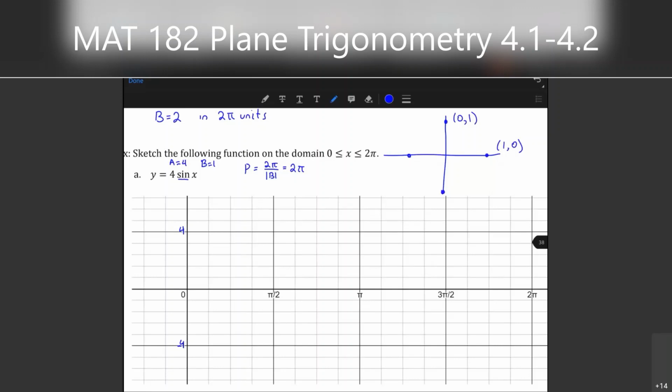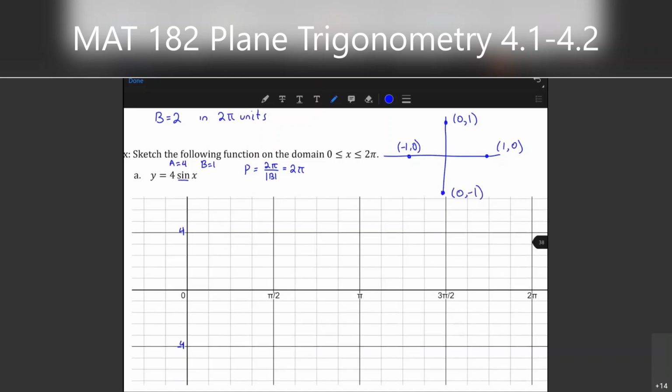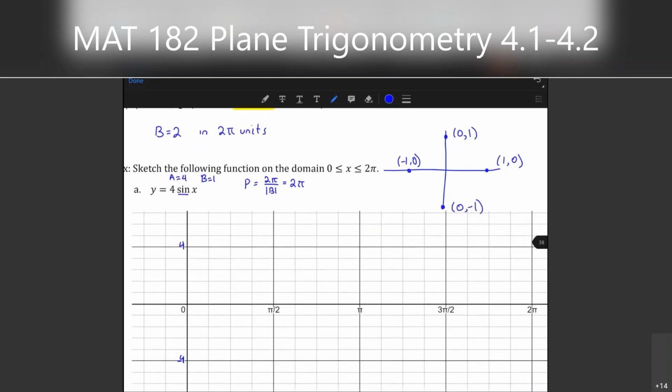Over here, we'll have -1, 0. And the last one is down below at 3 pi halves. That would be 0, -1. So it might be nice to keep this in mind to think about how the sine function works here.